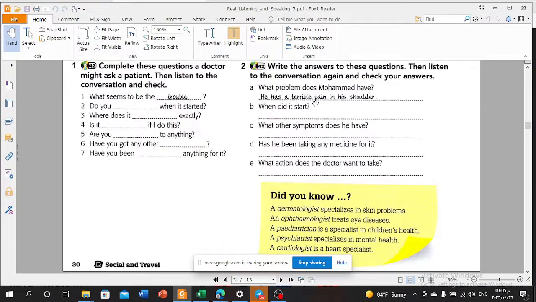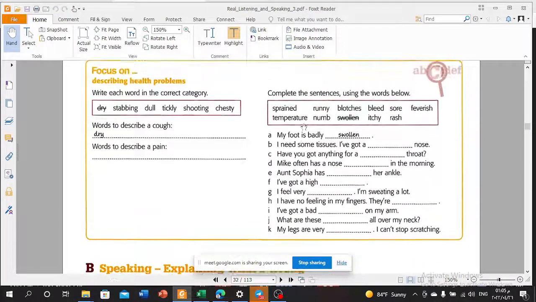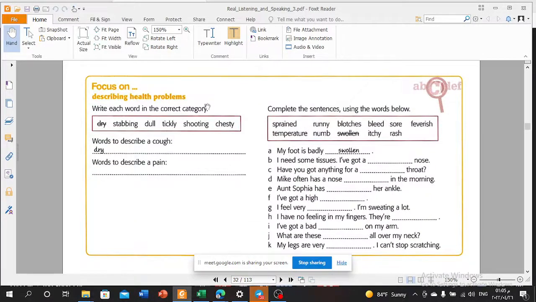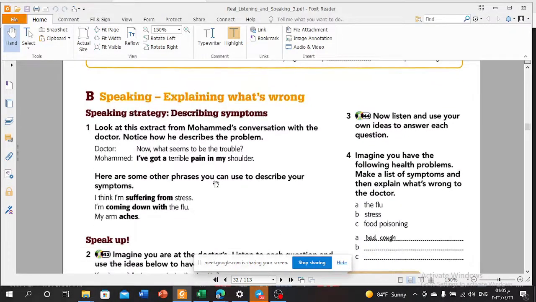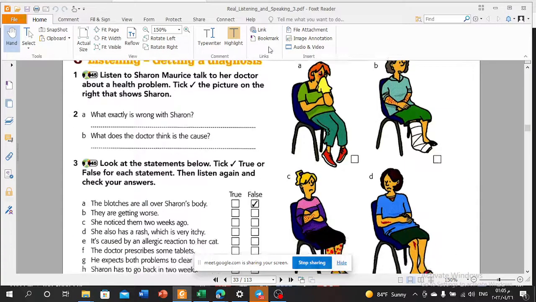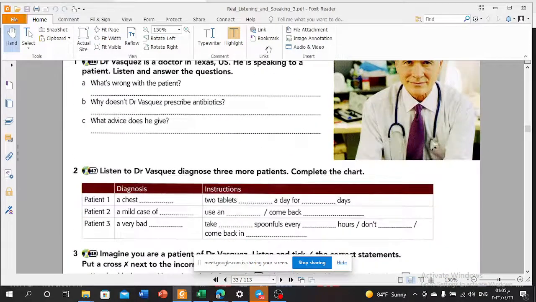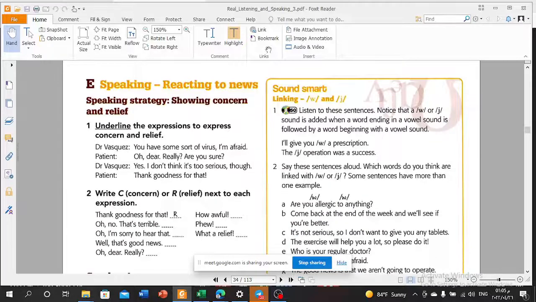There is also this Did You Know section. There are also these two exercises in the Focus On section, and the speaking strategy here, by which you can describe a symptom.